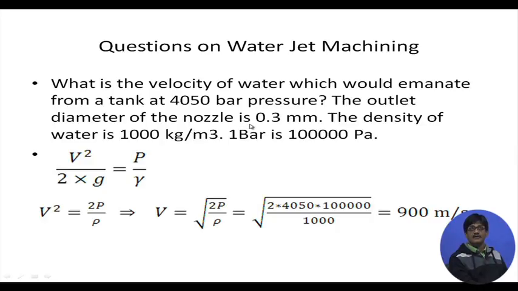Yeah, in this case orifice, because it is water jet machining. Once the water comes out of the orifice, that is it. We do not have to further send it through the mixing chamber, because there is no mixing chamber in water jet machining. So, the outlet diameter here is 0.3 millimeters. That is good.